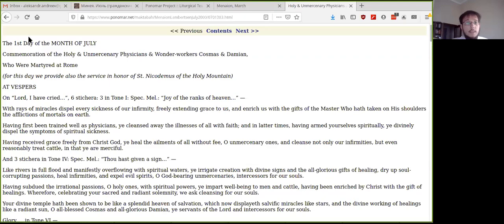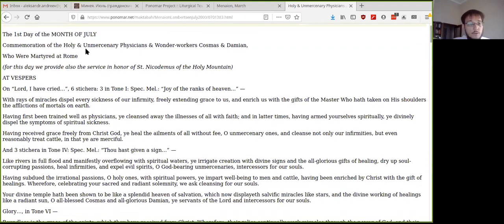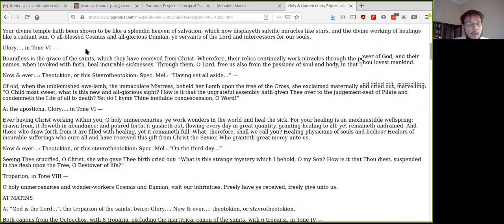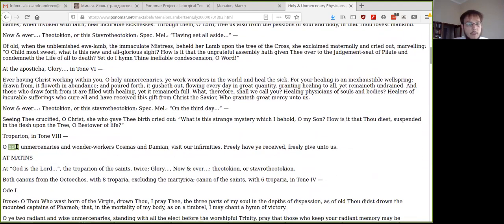So let's take a look again at the simple case. If I'm not mistaken, our simple case here was, actually let's not do Martyr Eudocia, because that's during Lent. That might be kind of strange. Let's take a look at Cosmas and Damian. It's the same for a simple service or a six-stichera service. So if we have a simple service or a six-stichera service, like the service for Saints Cosmas and Damian the 1st of July, at the end of Vespers, we're going to have a troparion printed there for us.